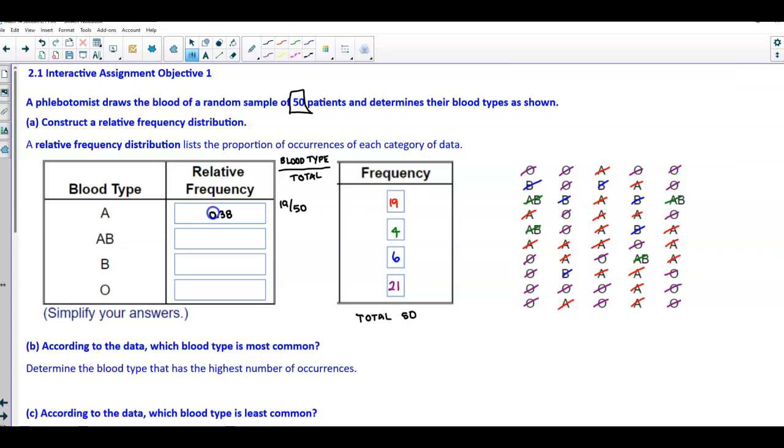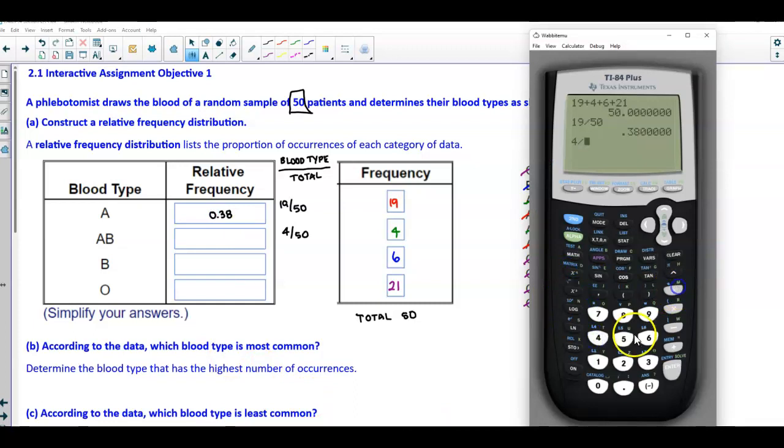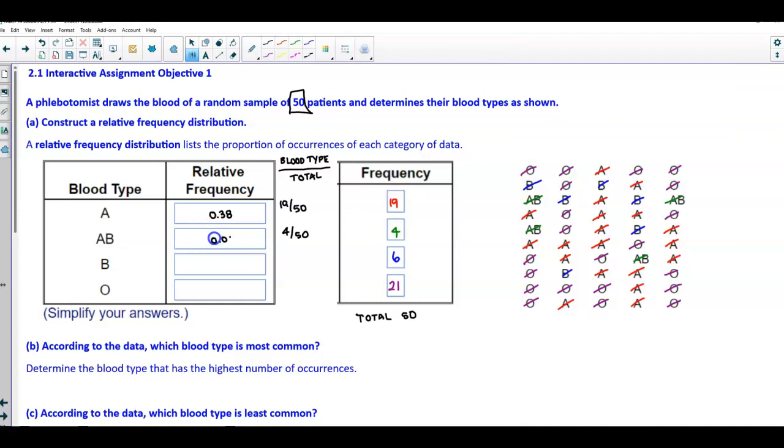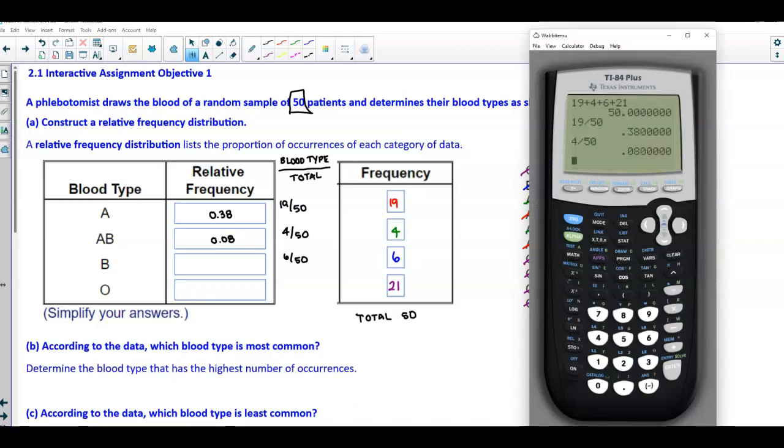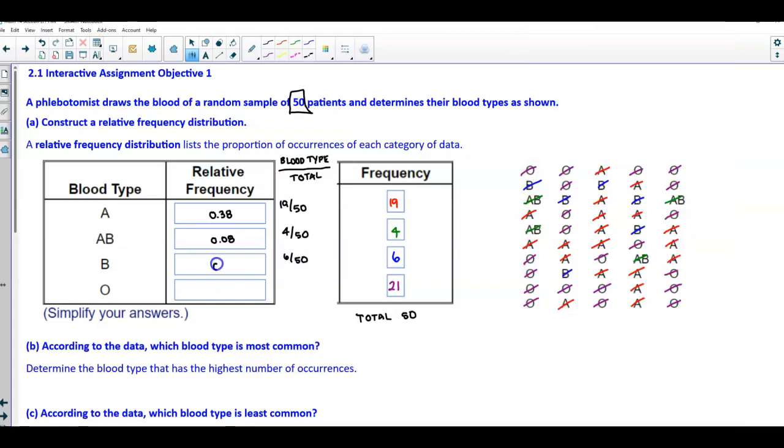For blood type AB, we have 4 of them, and we divide that by 50. That gives us 0.08. For blood type B, we take 6 and divide that by 50, which gives us 0.12.